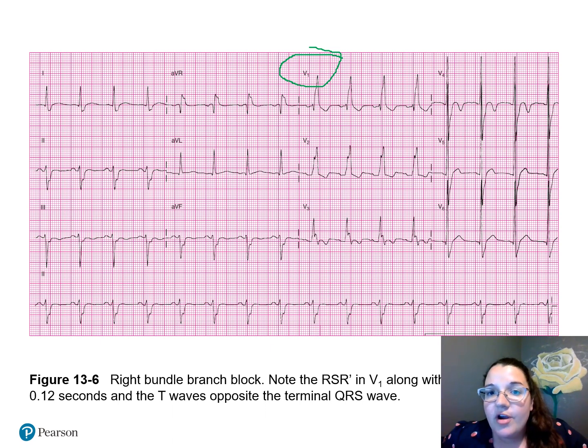Do I have an R prime, or is my T wave opposite from my QRS? In this case, it is. It would be a bundle branch block. Note the RSR. It's very hard to see, but we kind of come up a little, come down, and we have an RSR.